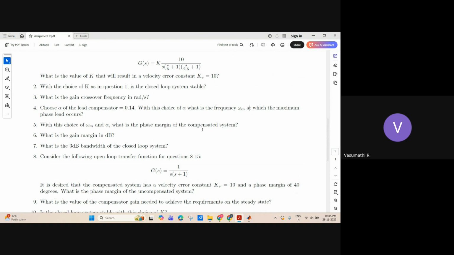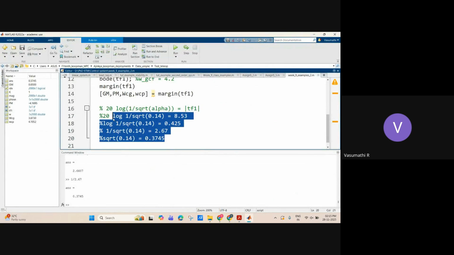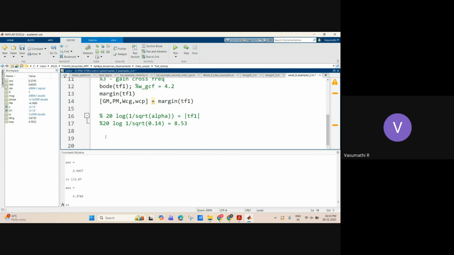Now we are going to use the same omega m that we found and the alpha we found. Actually, this is a lead compensator, right? So a lead compensator will look something like this: 50, we have to find T, 1 plus sT divided by 1 plus alpha T s.